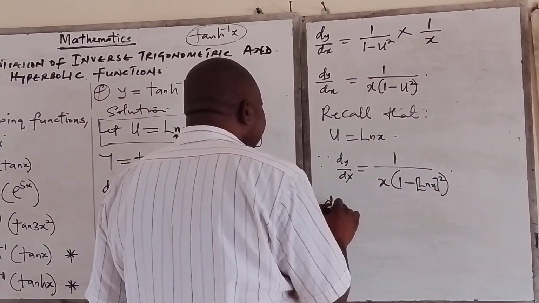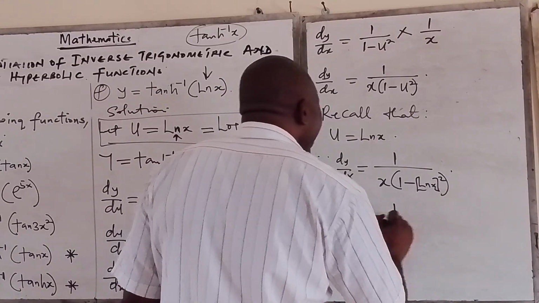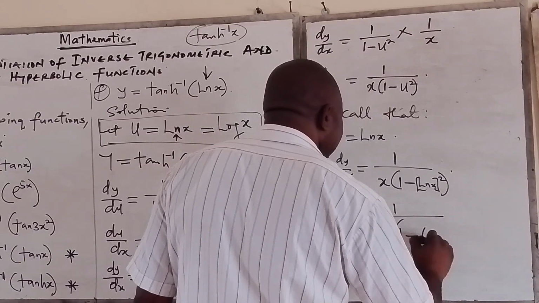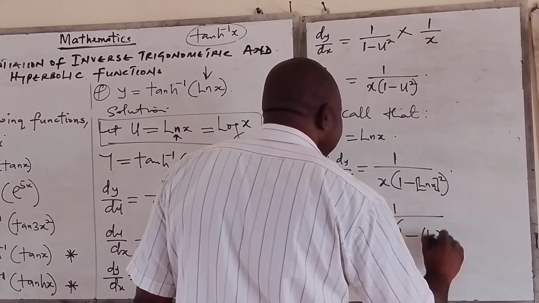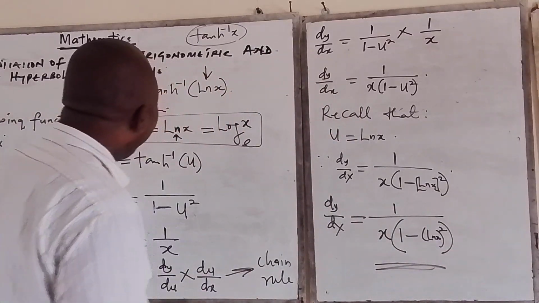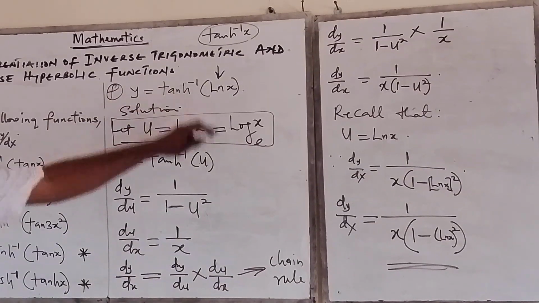So dy/dx will be 1 all over x in bracket 1 minus ln x all squared. So this is the value of dy/dx if y is equal to tanh inverse of ln x.